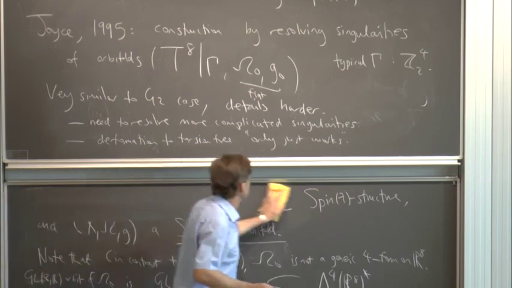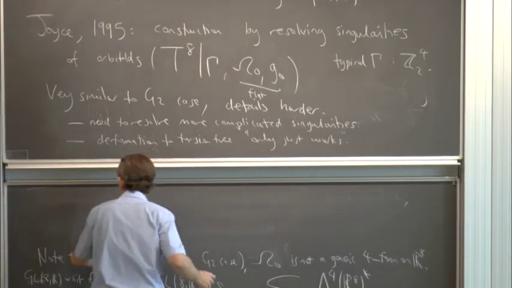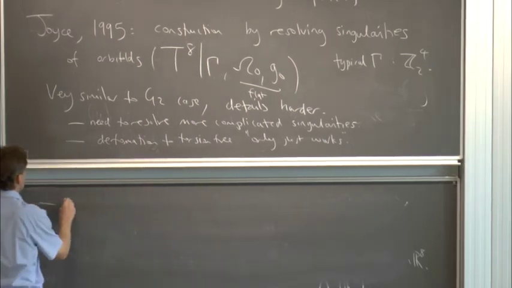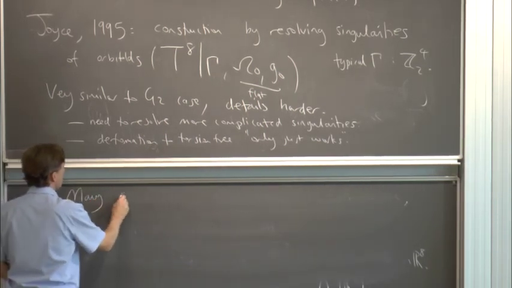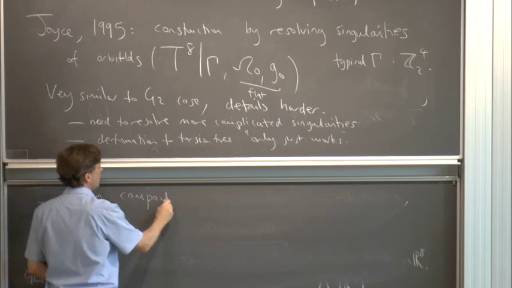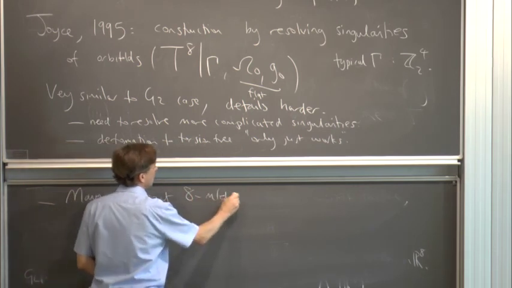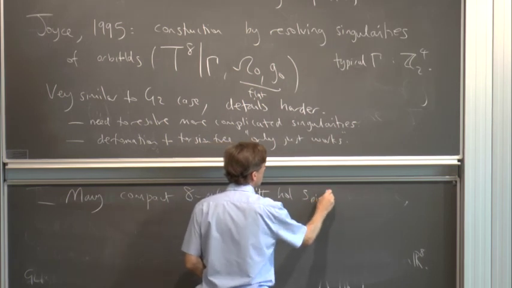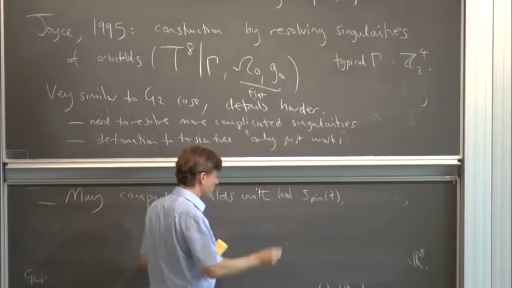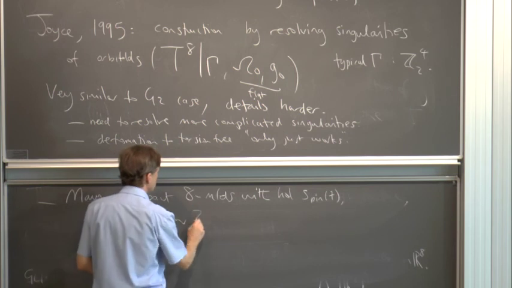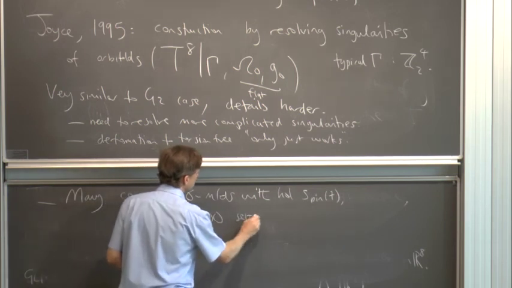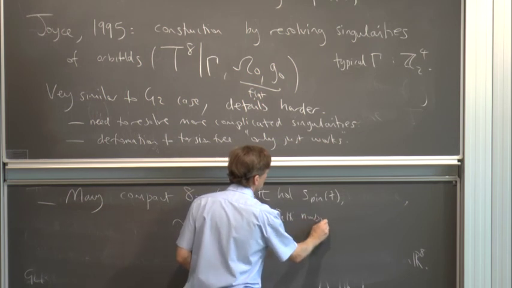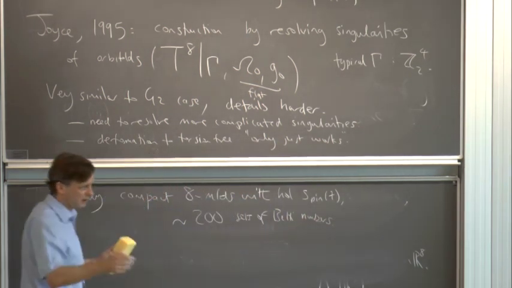But anyway, in the end you just push the program through, and you can get many, I don't know how many, compact 8-manifolds with holonomy Spin(7) with around about 200 sets of Betti numbers in my book.